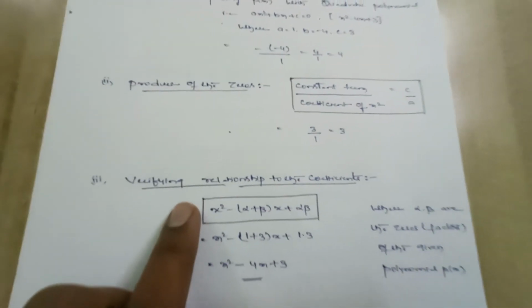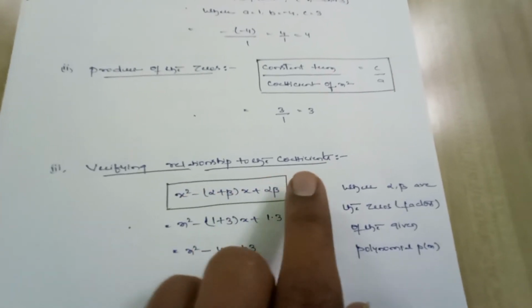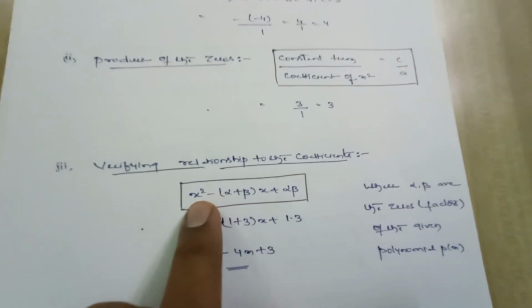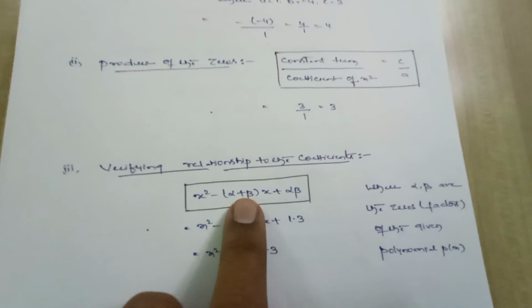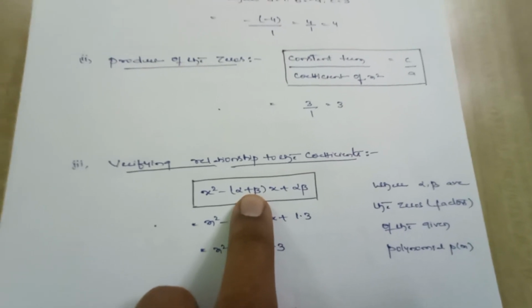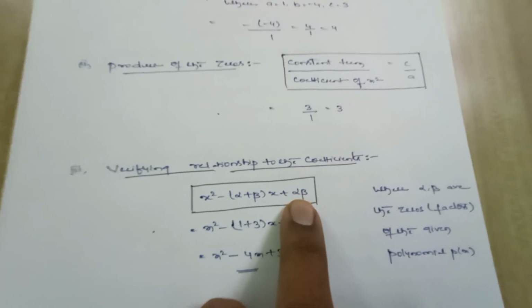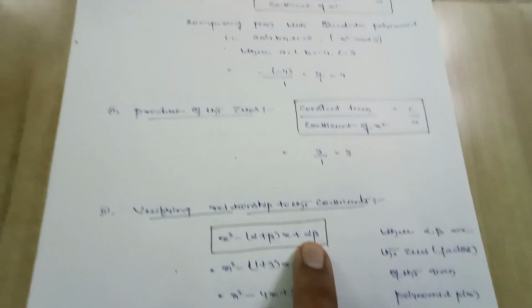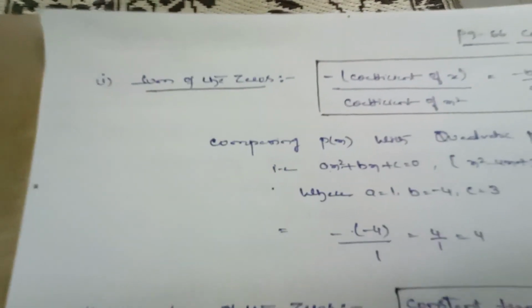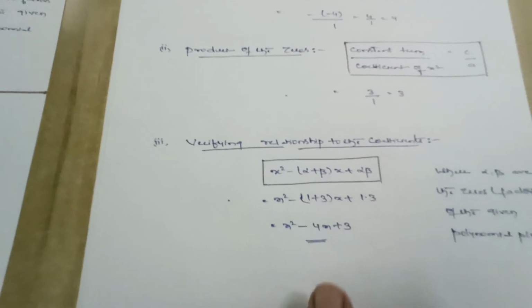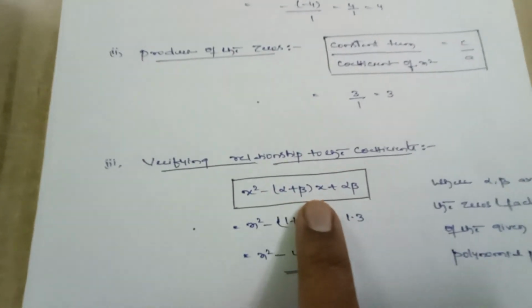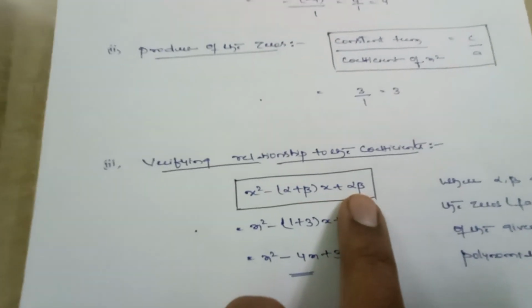Okay, now what is verifying the relationship to the coefficients? This is the formula: x square minus the sum of the zeros, alpha plus beta, into x plus alpha beta, the product of the zeros. So x square minus alpha plus beta x plus alpha beta.